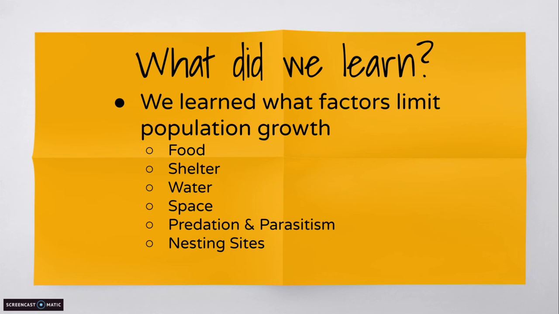And we also learned the term carrying capacity, right? We know carrying capacity is the largest population that an area can support. We use the giraffe example. And limiting factors, what are those? Those are environmental factors that cause a population to stop growing or decrease in size.